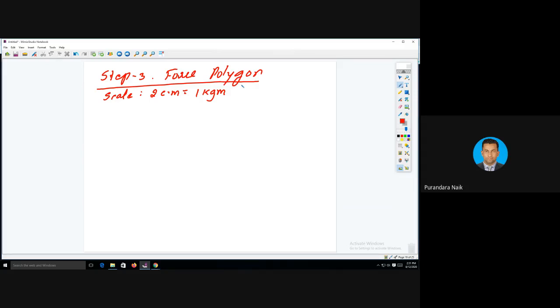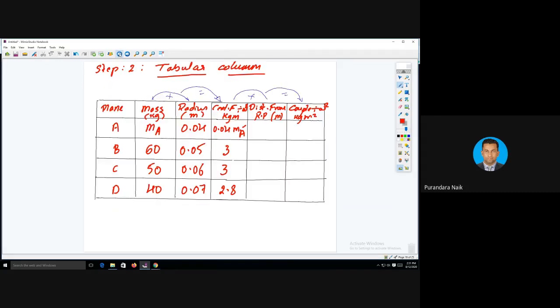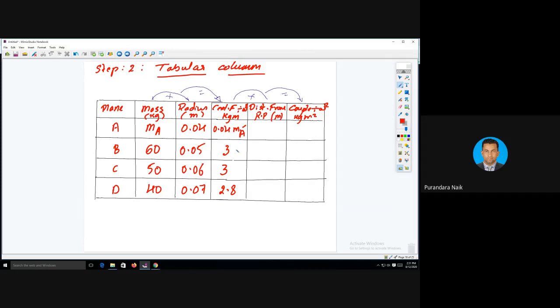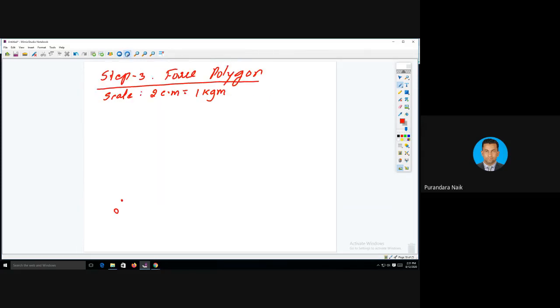Okay. So let us start from the starting point. Let us take this as 0 or O, point O. Next is the first point. If you see the angle and mass, here MB is at 0 angle. The corresponding value for MB is 3. 3 into 2, 6 centimeter in the positive direction. 0 angle.